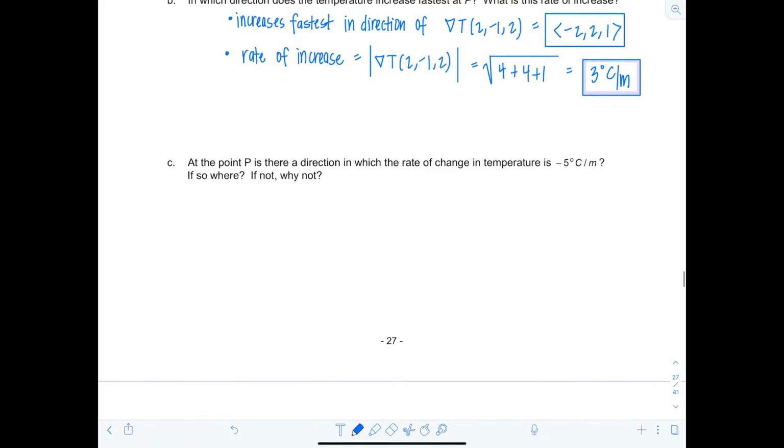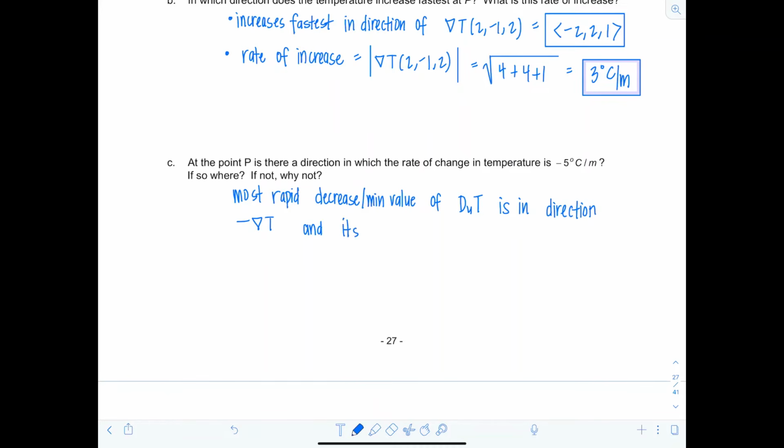Let's write this all out. We know that the most rapid decrease, or the minimum value of our directional derivative, is in the direction opposite to the gradient. So opposite of the gradient of t.